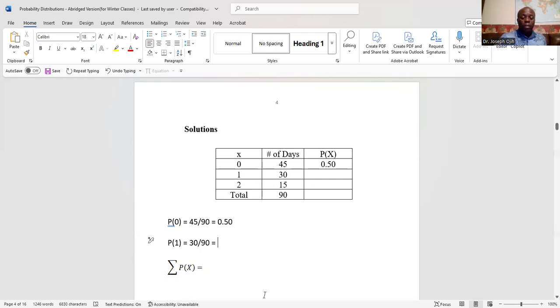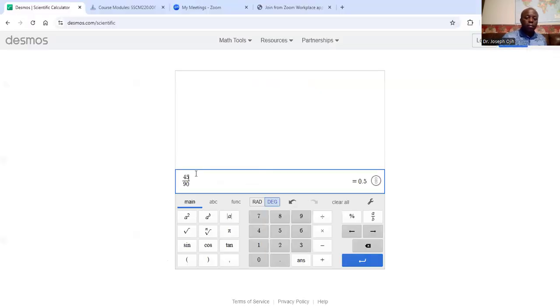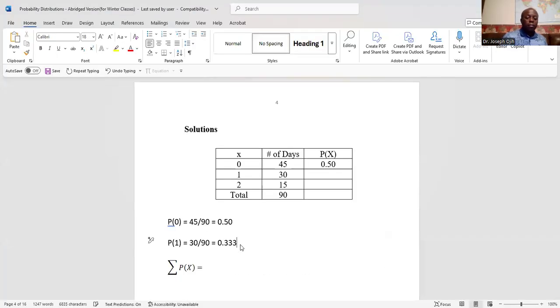Go to our calculator and get the result: 0.333. We make it 0.33.